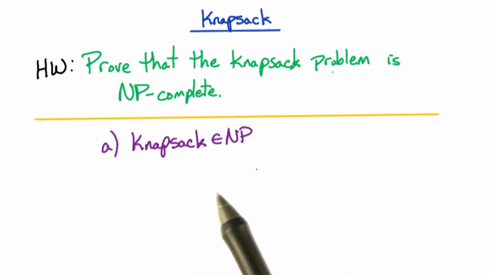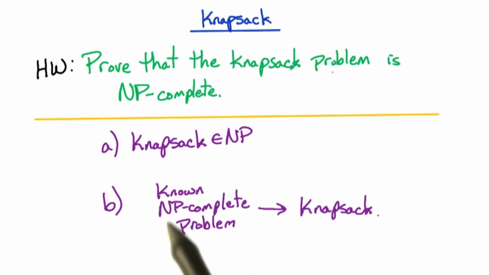You first have to prove that the desired problem lies in the class NP, and second, you have to take a known NP-complete problem, and you have to reduce the known NP-complete problem to this new problem, in this case, the knapsack problem. We know that all problems in NP reduce to this known NP-complete problem. Therefore, if we show a reduction from this known NP-complete problem to the knapsack problem, then we know that all problems in NP reduce to the knapsack problem.